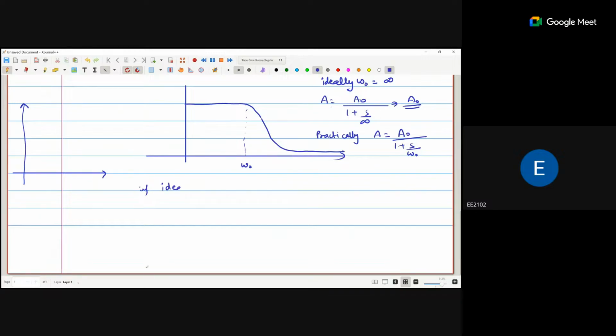We discussed the ideal operation amplifier. It shows the infinite bandwidth.